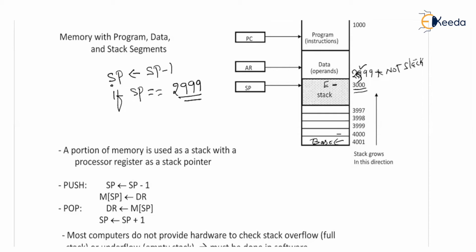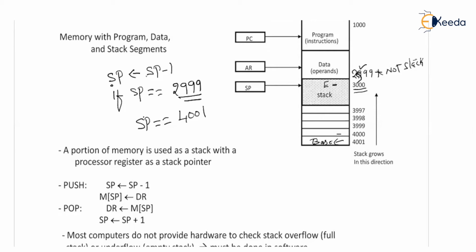And then we need to ensure that SP is equal to the desired location, that is 4001. After 3000, where should we come? After 3000, we should come back to 4001. So SP must be equal to 4001.